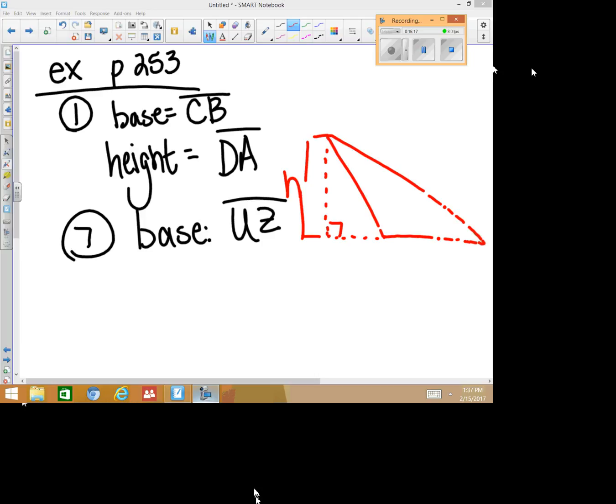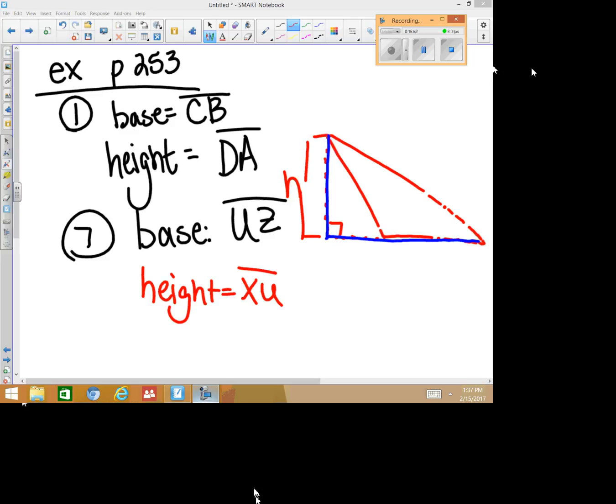Do you see how this height, this blue line, touches this base? So really the base in this triangle is YZ, but you can call it UZ, because it extends out. So what's my height on this triangle? Right. So the height is XU.